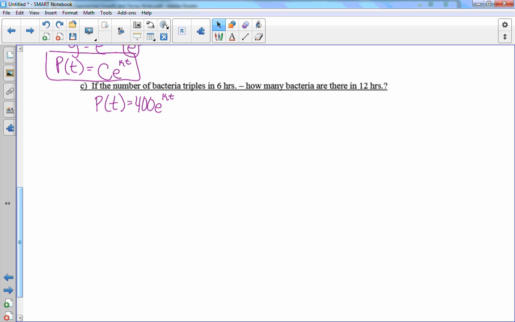So sometimes it's appropriate to round, other times it's not. Because on the first part, you definitely need to round to 4 decimal places. But then, like he said, does it make sense to have a decimal form of a bacteria? Triples in 6 hours will be 1,200.